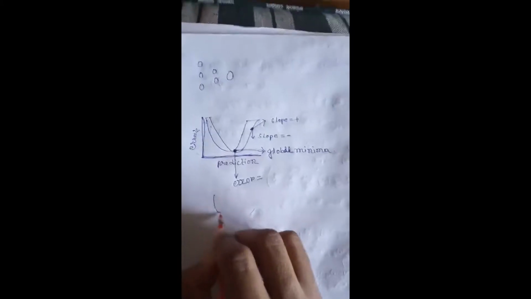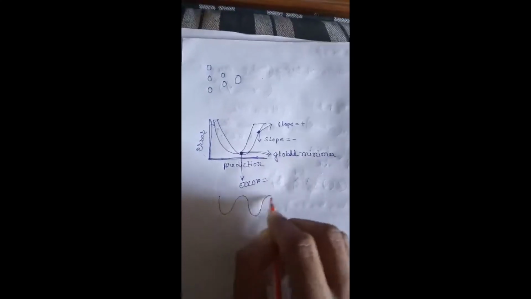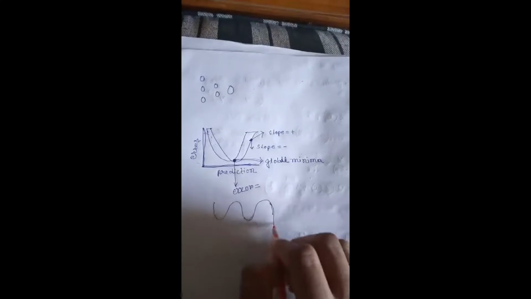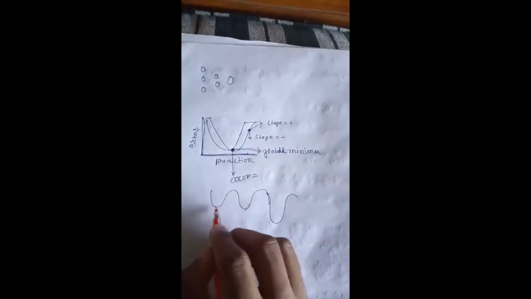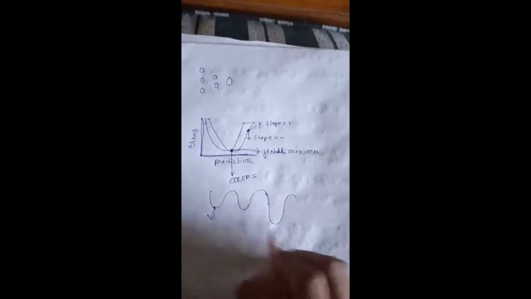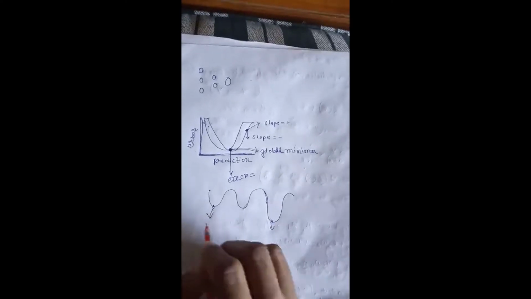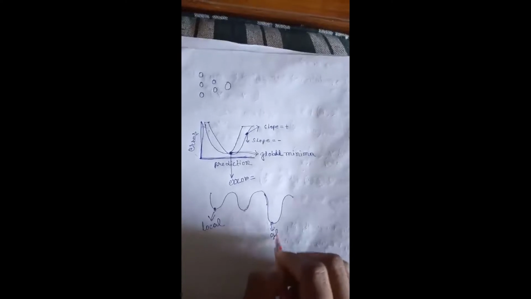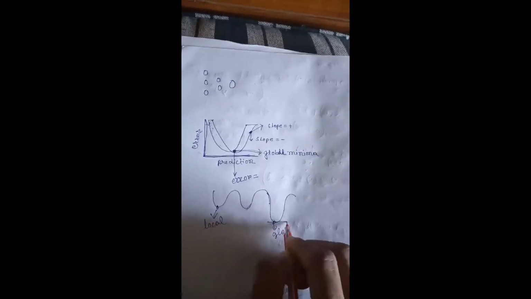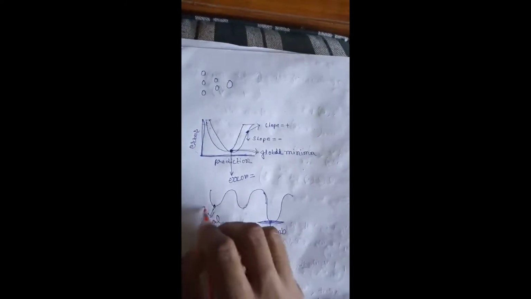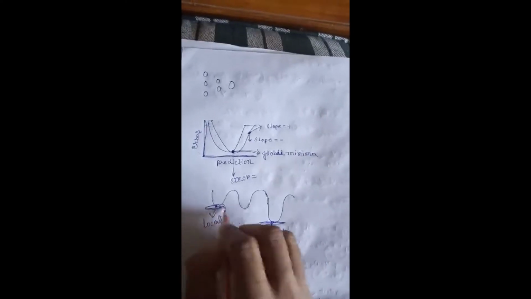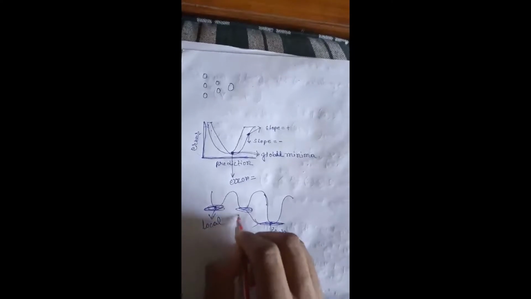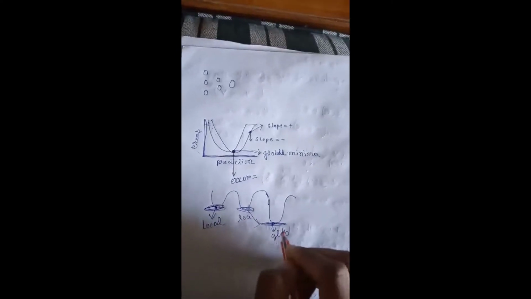But whenever we have a curve like that, there is a possibility that we land on a different minimum instead. That one is called a local minimum and this is the global minimum. The lowest minimum is the global minimum, and the other minimums, which you can see in the graph, are also minimums but not the lowest, so they are called local minimums.